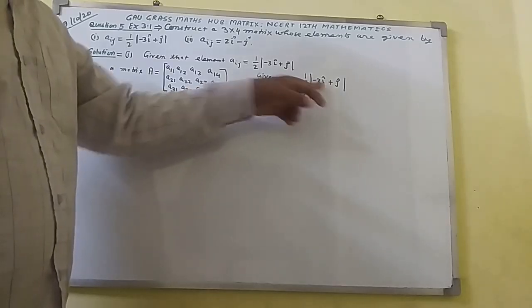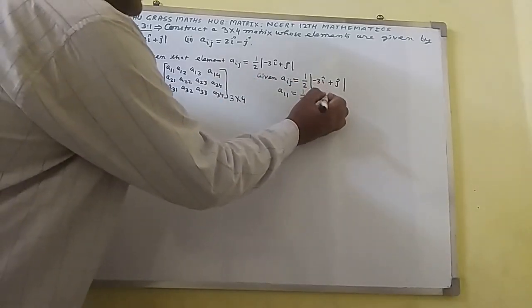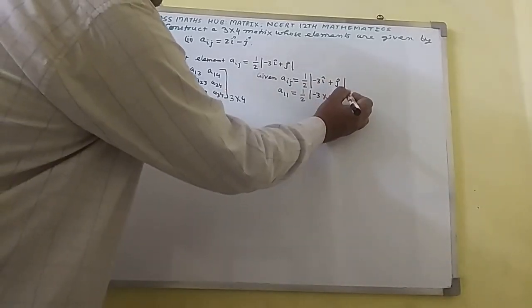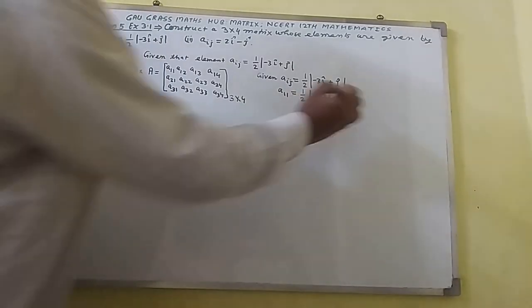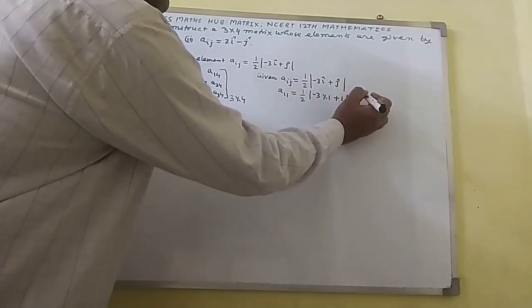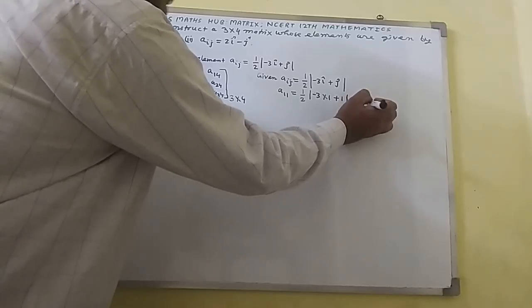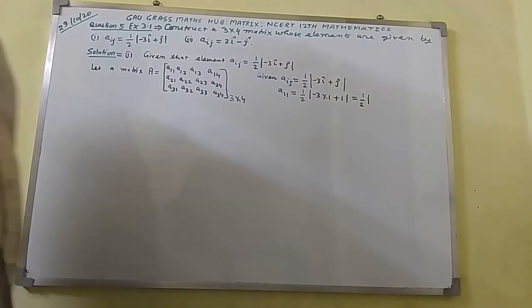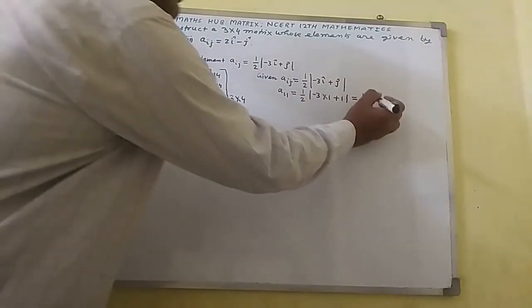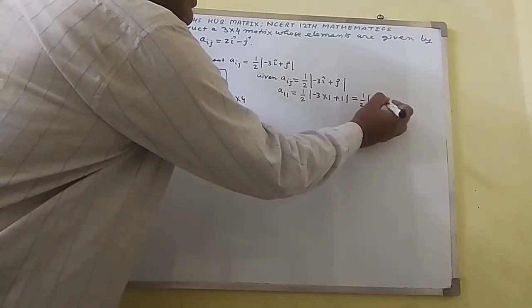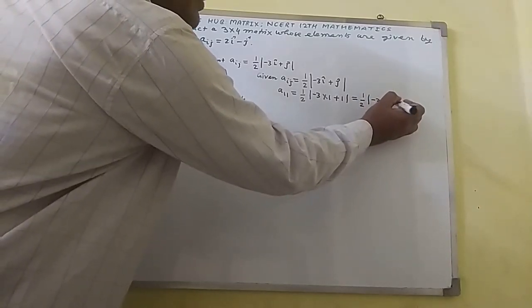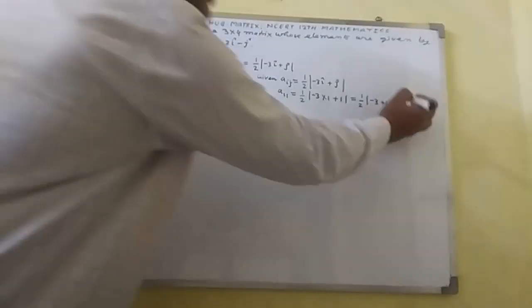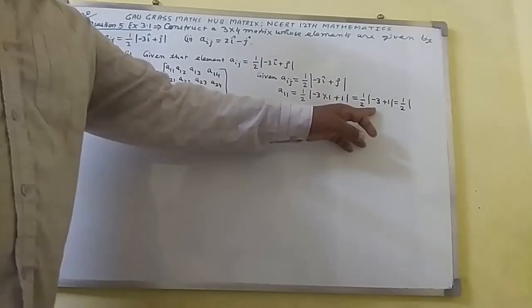So this will become equal to 1/2 |-3 into 1, that is, -3 + 1|, equal to 1/2 |-3 + 1|.